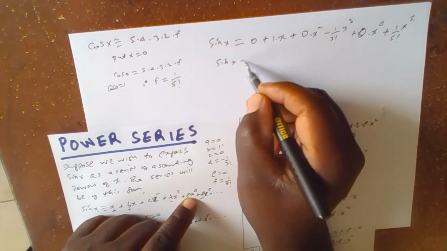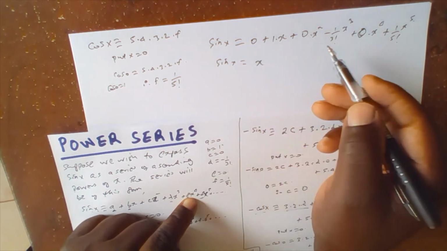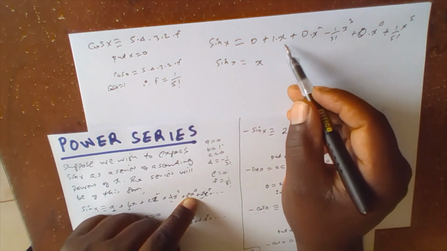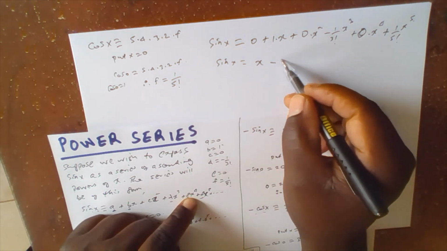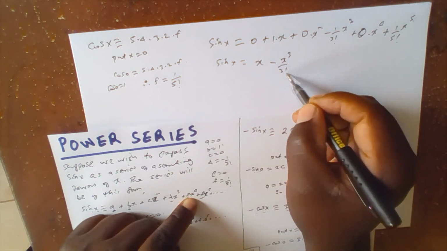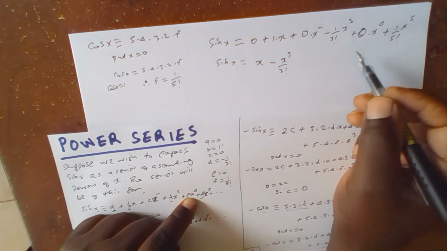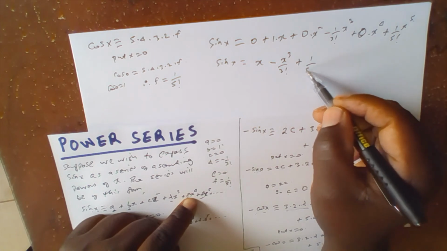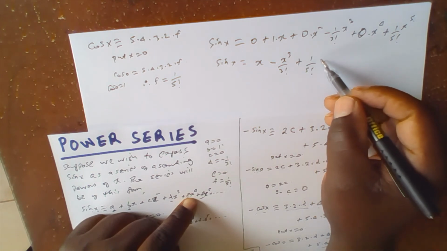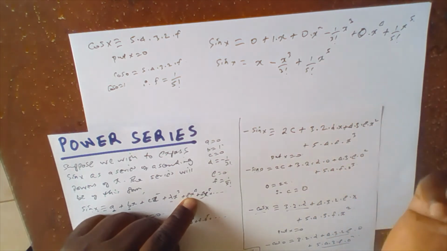So sin x equals to x, minus x cubed all over 3 factorial, plus 1 over 5 factorial x raised to 5.